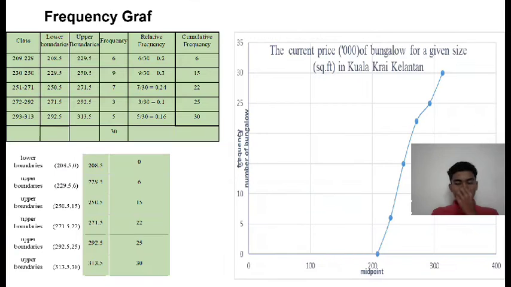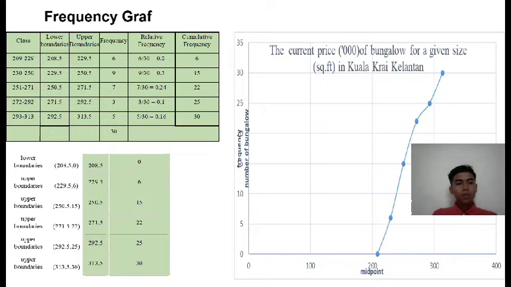For the frequency graph for the current price of bungalows for a given size in square feet in Kuala Krai, Kelantan: class 1, 209 to 229, the relative frequency is 6/30 equals 0.2. Number 2, 230 to 250, the relative frequency is 9/30 equals 0.3.